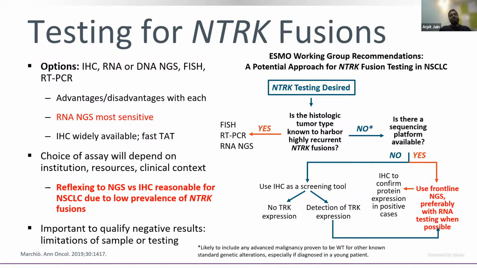For the remainder, depending upon the availability of a multi-gene based panel, if we have multi-gene panel testing available, we should directly go with NGS based testing. If we do not have multi-gene based panel testing which includes NTRK fusion, we can initially go with an IHC based screening tool. Depending upon the positivity, it should be confirmed with NGS. Next.